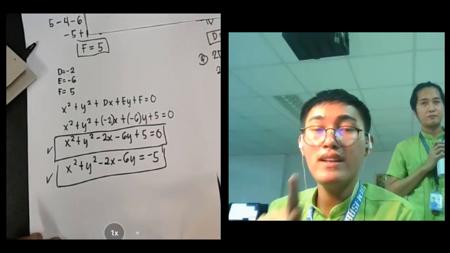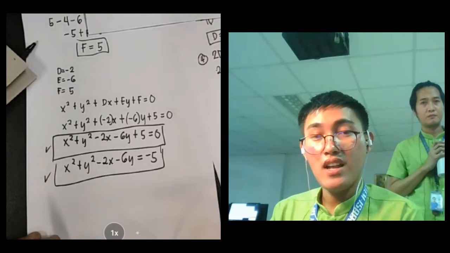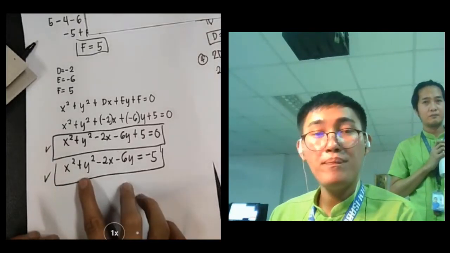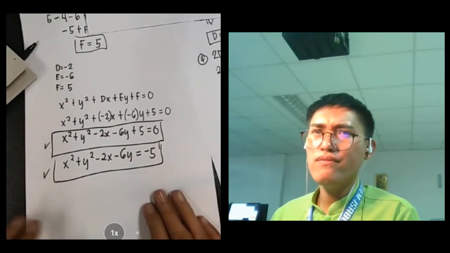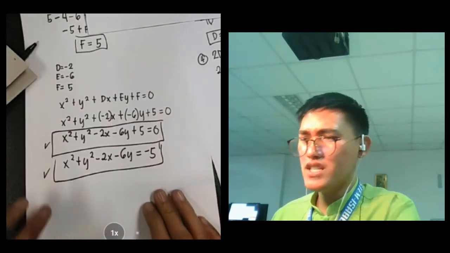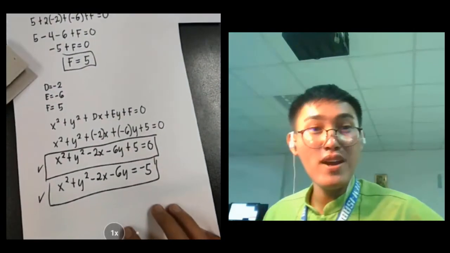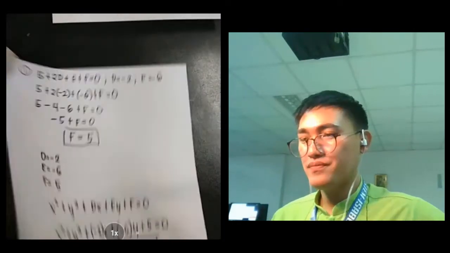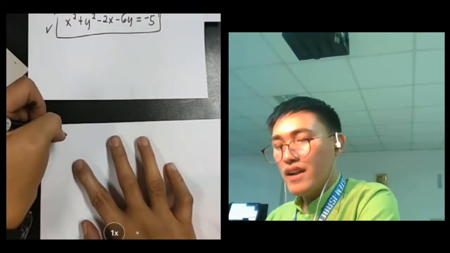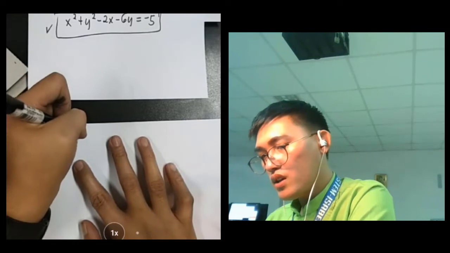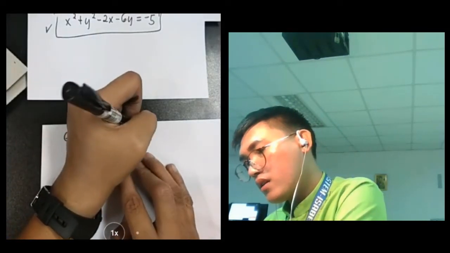Okay, what if, let's say, we transpose that into standard equation? Can we do it? Let's try for the last time. Let's say general form to standard form, and after that the center and the radius. We have here x squared plus y squared minus 2x minus 6y is equal to -5.